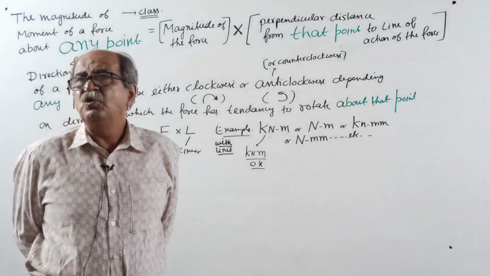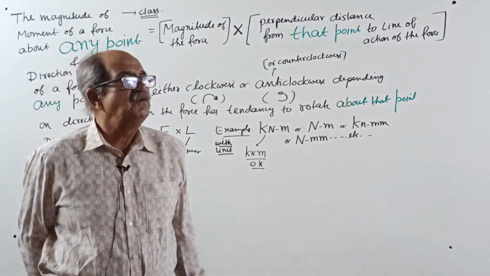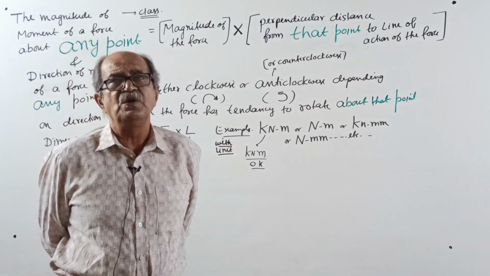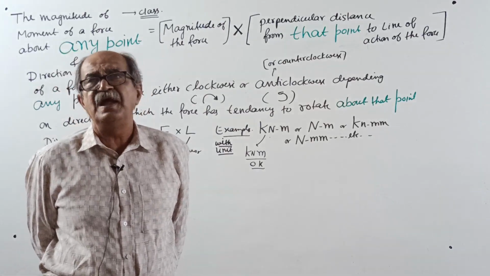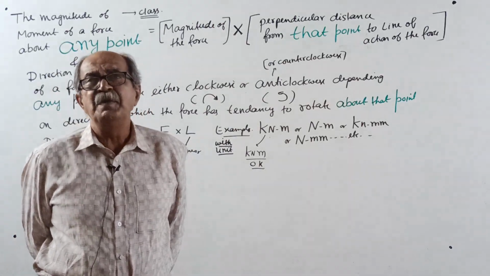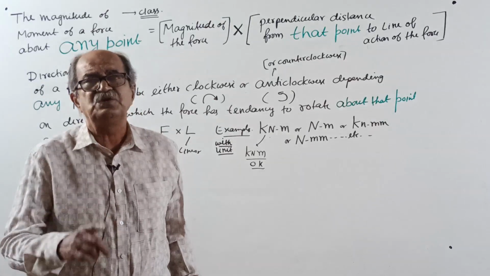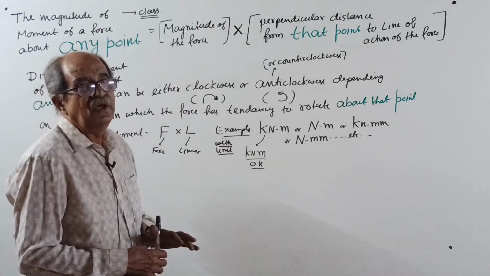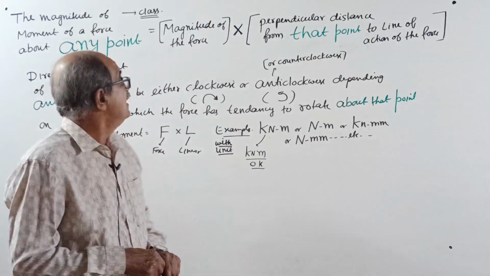First, how to find the magnitude of moment. Force magnitude is 30 kilonewton, 20 kilonewton, 30 newton, 80 newton, like that. How to find the magnitude of moment? First you write it in words.